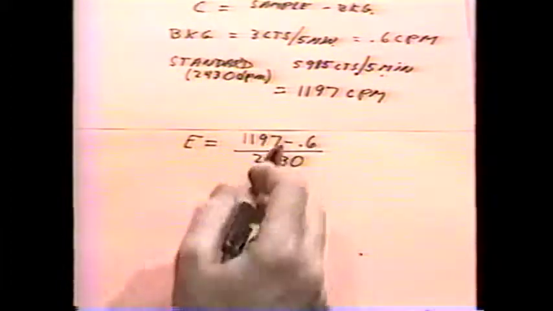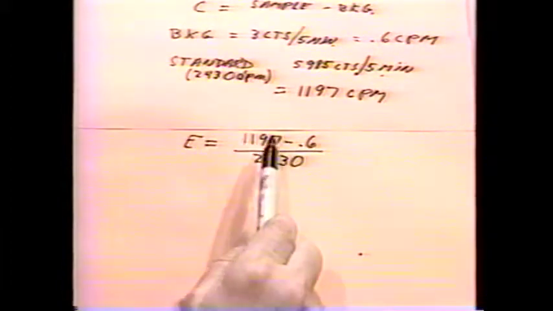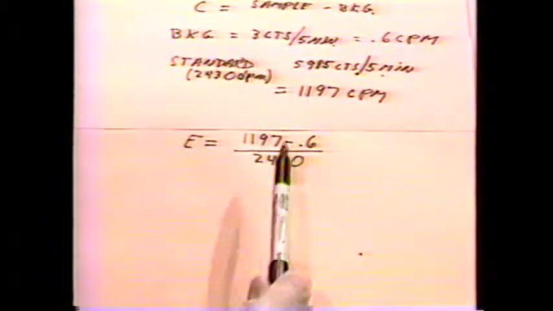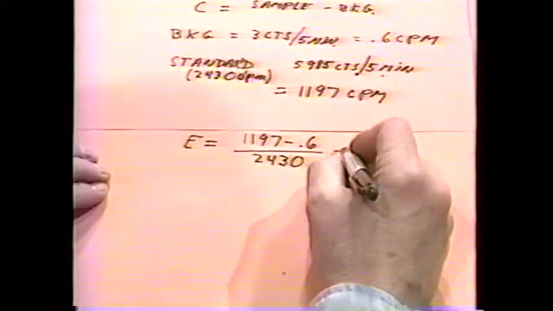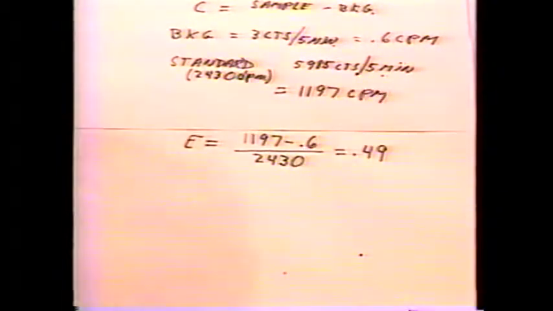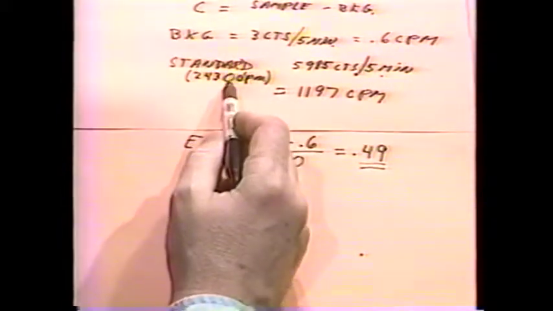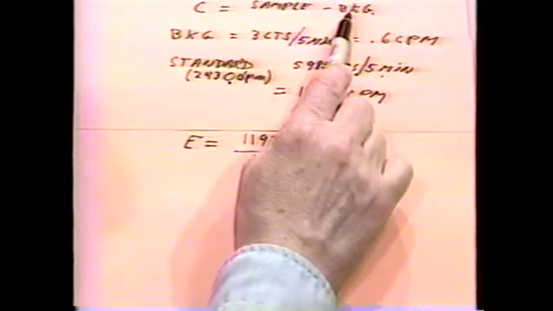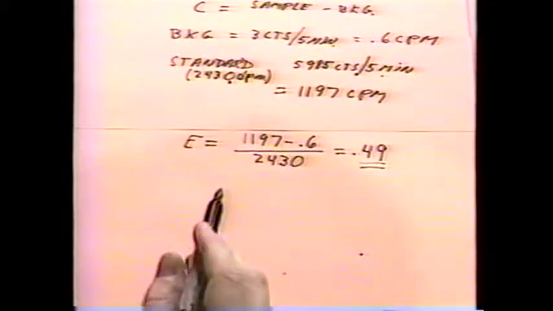In other words, we're not getting all of the 2430, we're really getting 1196.4 of the 2430 decays per minute. And if you work this number out, you get 0.49, almost half. That is, the efficiency of this system is 0.49. And in order to get that efficiency, you have to have had a standard available to you. And you must also have been able to determine the background earlier on.